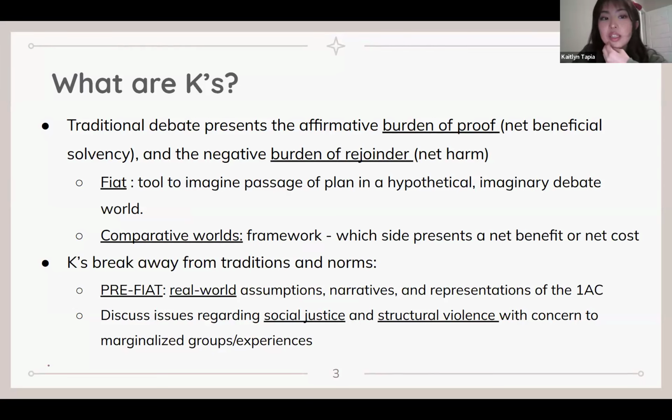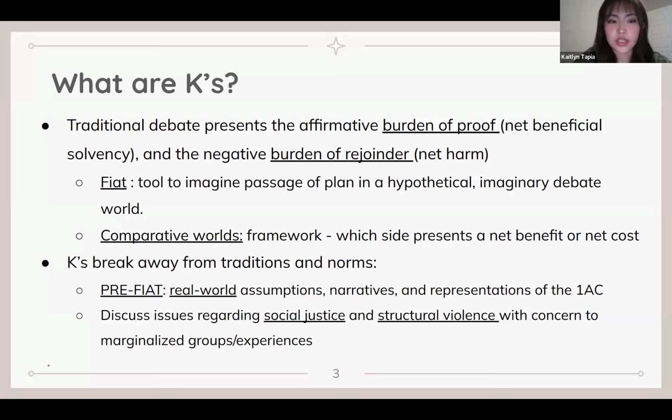Fiat is something that I think a lot of debaters tend to misunderstand at the beginning, but an easy way to conceptualize it is a tool to imagine the hypothetical passage of the plan that you're advocating for, whether that be the plan in your 1AC, a counterplan, or even an alternative to a critique in some instances. So fiat is not real, but it is something that is enacted within an imaginary debate world, which is hypothetical.